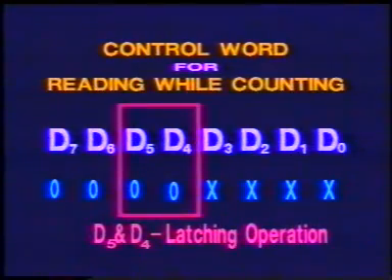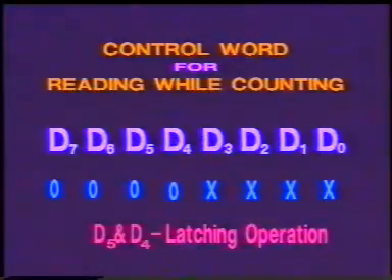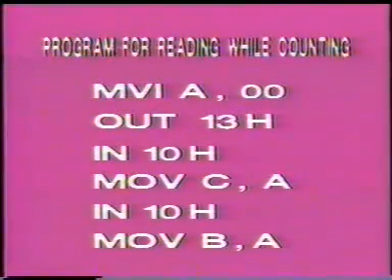The 00 on bits D5 and D4 represent latching operation. The out 13H instruction loads the control word into the control register. The in 10H instruction loads the count value into the BC register pair.